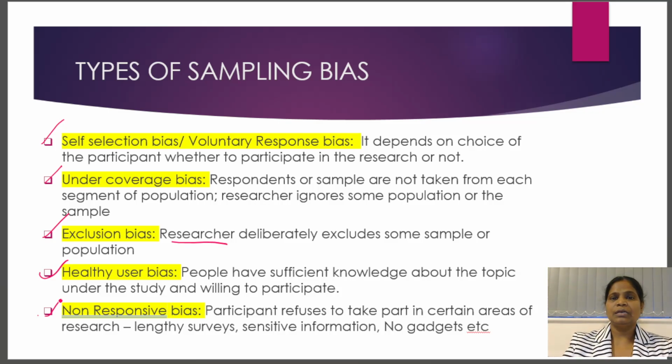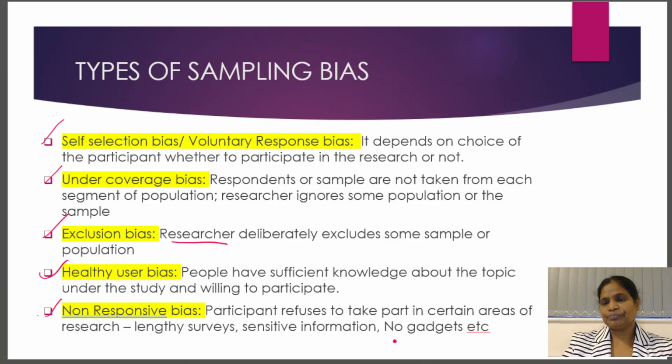Or suppose there are some questions related to personal information which is very sensitive, and you would not wish to answer that, isn't it? So you may not give the information which needs to be provided for that study. So we don't give any answer for sensitive information.